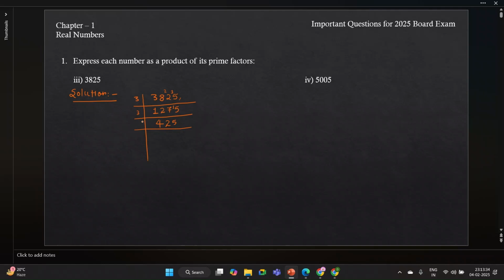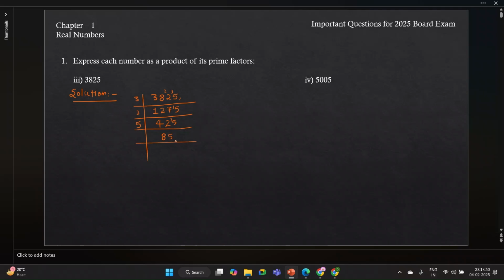So I'm dividing by 5. 5 times 8 would be 40, and then 2 is the remaining part, so it would be 25. 5 times 5 is 25, so it would be 85.